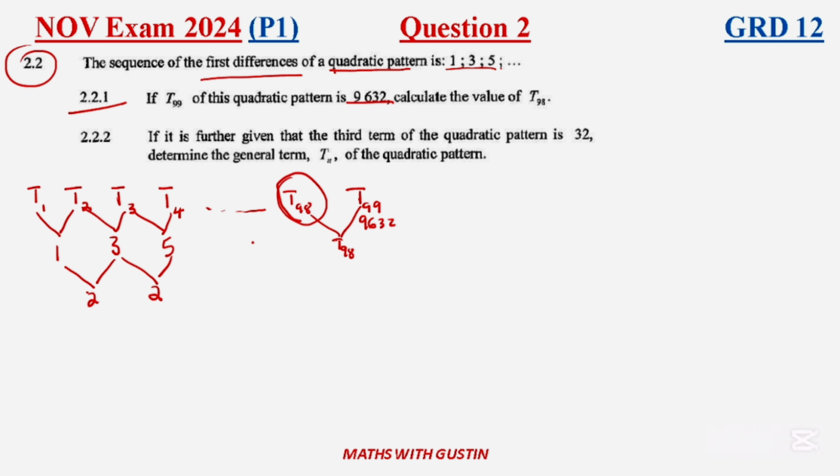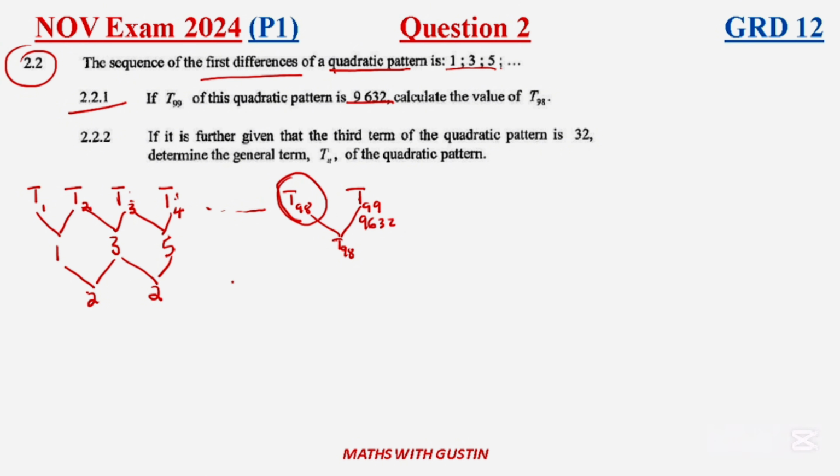Okay, I hope it's clear, guys, because in order for you to get this one here, T4 minus T3 gives you this one. So in order for you to go back, you must say T4 minus that, it will give you T3.